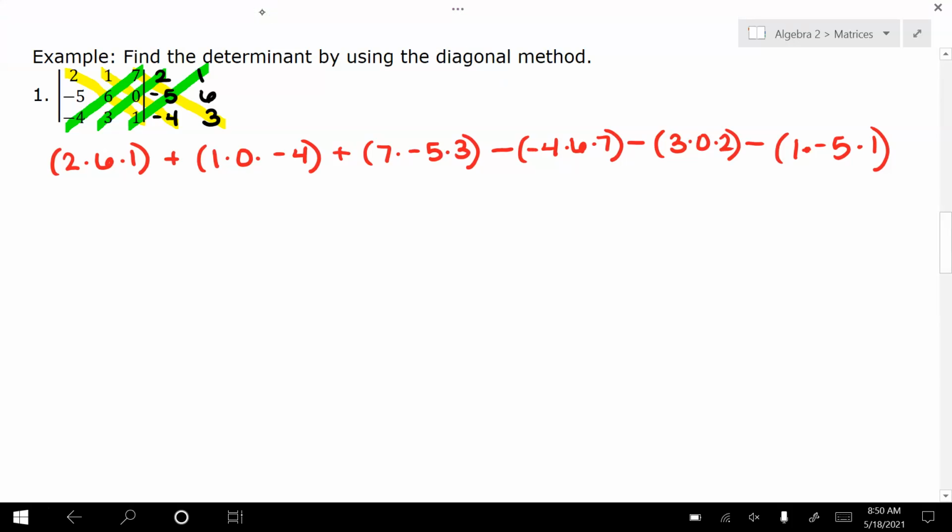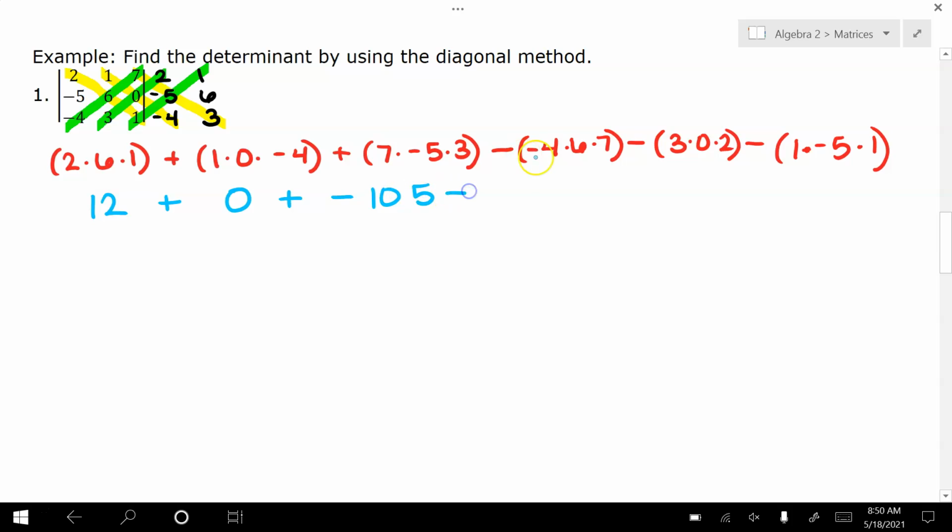At this point, I would multiply the numbers inside the parentheses before you try to add or subtract anything. So 2 times 6 times 1 is going to be 12, plus 0 for the second one because you've got a 0 in there, plus 7 times -5 is -35, and then times 3 is -105.